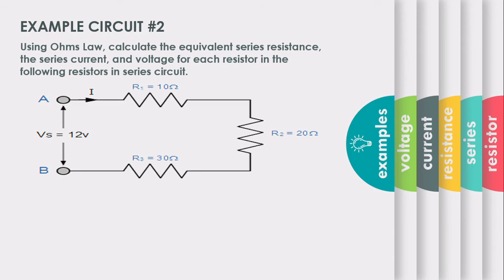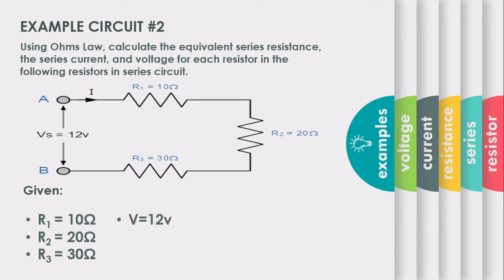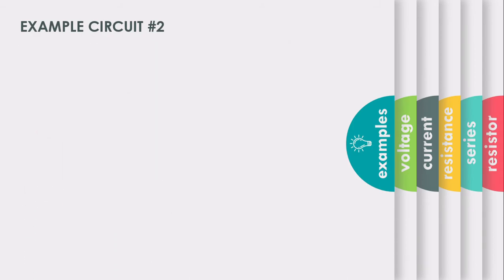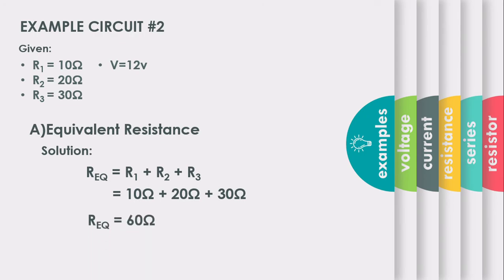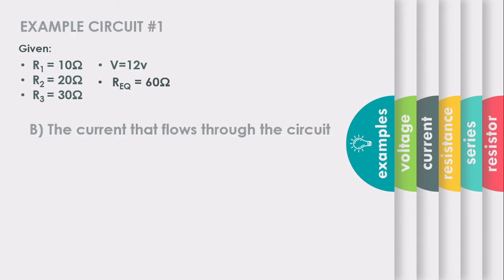Here is our example series circuit number 2. We will use the same procedure we used to solve example number 1. First, the equivalent resistance. Here is the formula. Substitute the given, and here's the equivalent resistance of example series number 2, which is 60 ohms.